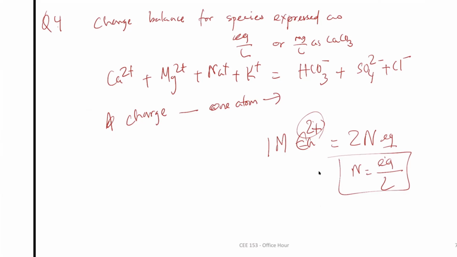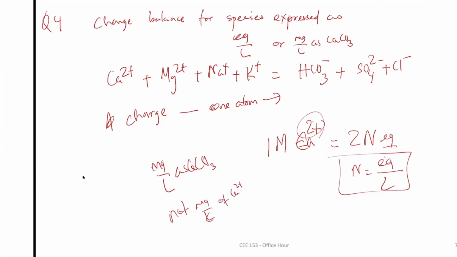You cannot use milligram per liter as given in the book directly. You can use milligram per liter as CaCO3, not milligram per liter of the species, because the table given to you in this book has values like 40, 10, all that stuff.